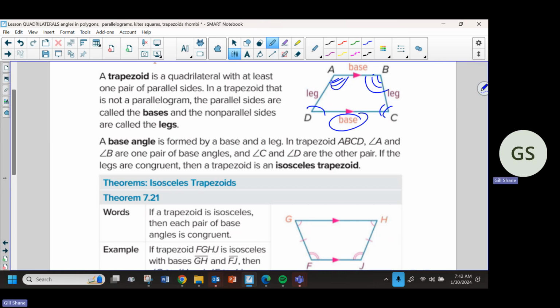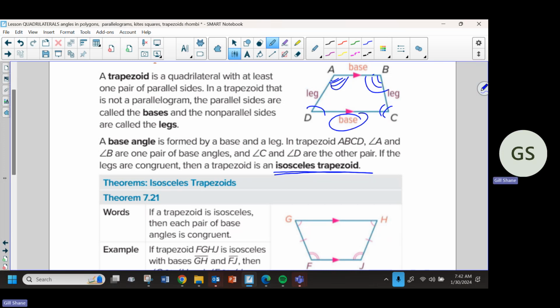So here's the big one that allows you to do extra math. This is one you've got to know. So make sure you highlight that. However you highlight, underline, if you actually have a highlighter, highlight it. That's the one that allows you to do the most math. There's not a whole lot you can really do with just a generic trapezoid.